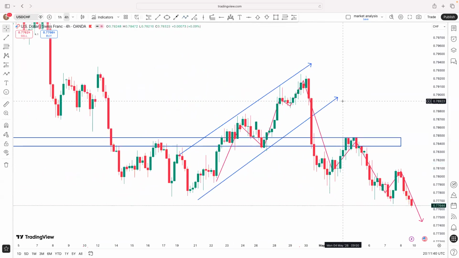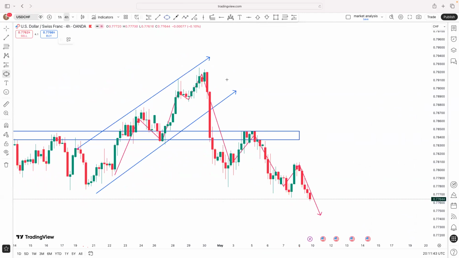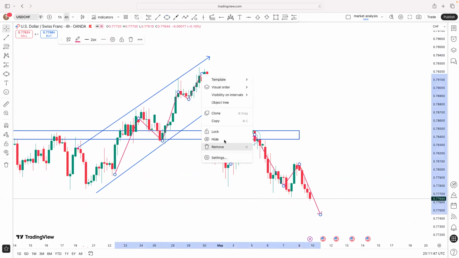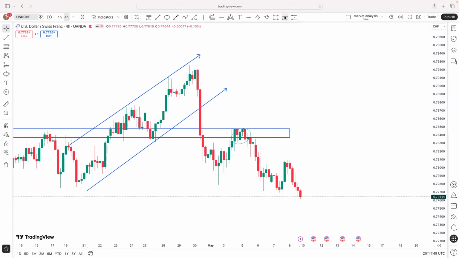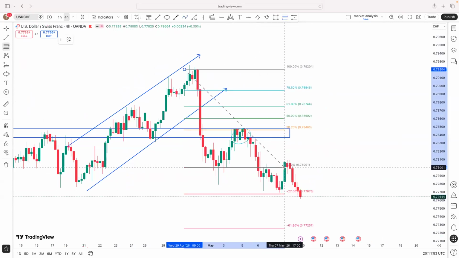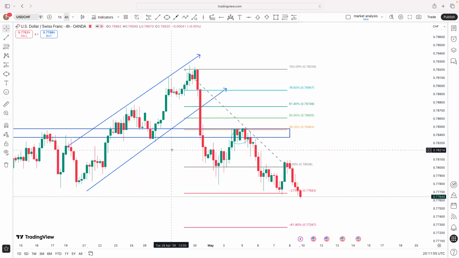Now, why did they use this particular area instead of the 50% or the 61.8%? Here is the reason. Let's bring the fib retracement again. If you hold the fib retracement from the top up until the zone, you will see that they didn't go into the 50% or the 61.80%, but they used the 38.20%.